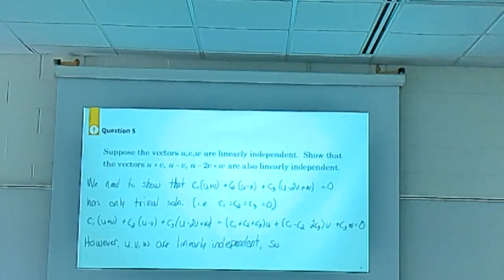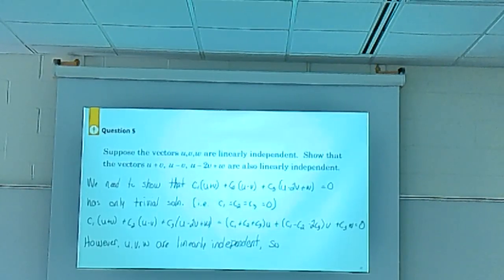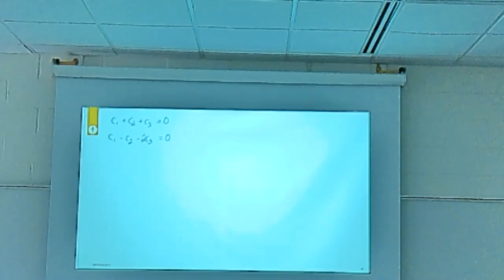That has to be 0. And what's the constant for v? C1 minus C2 minus 2C3? That has to be 0. And C3 has to be 0.